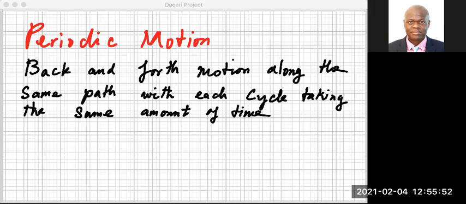So having described periodic motion, what then is simple harmonic motion?